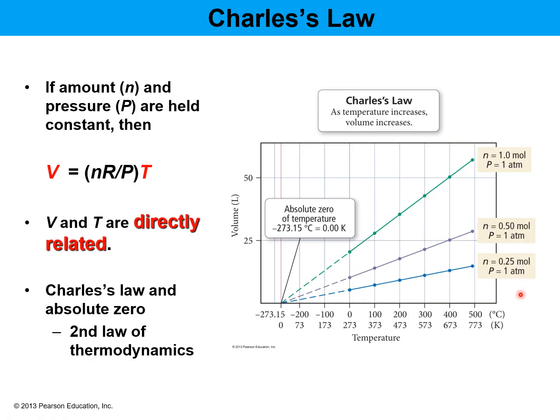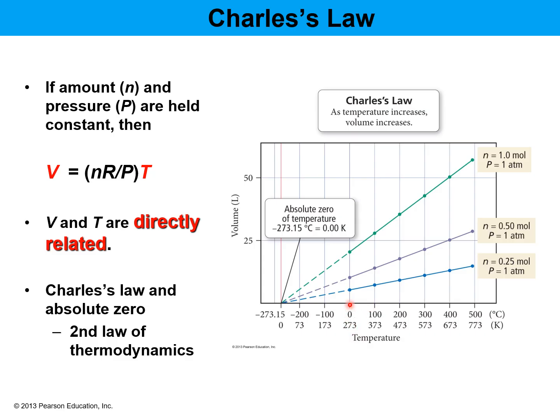So for Charles's law, you need to use the absolute temperature, because from this graph you can see that the volume is on the y-axis, and temperature is here. When you plot the relationship between volume and temperature, it shows a straight line.